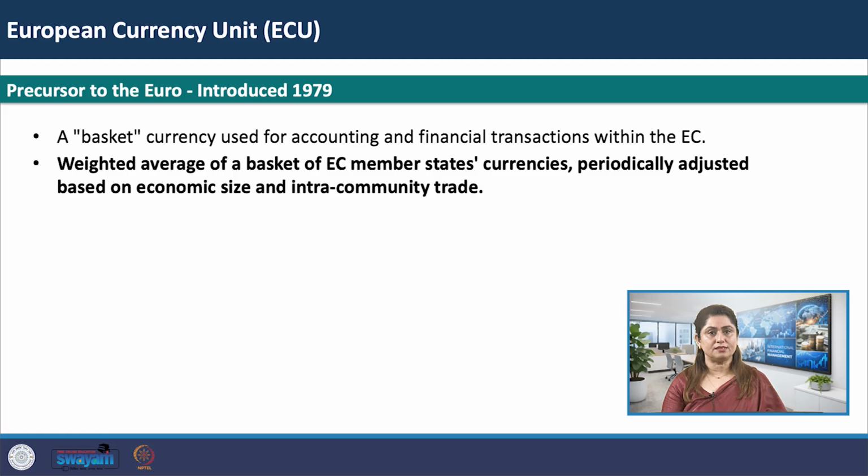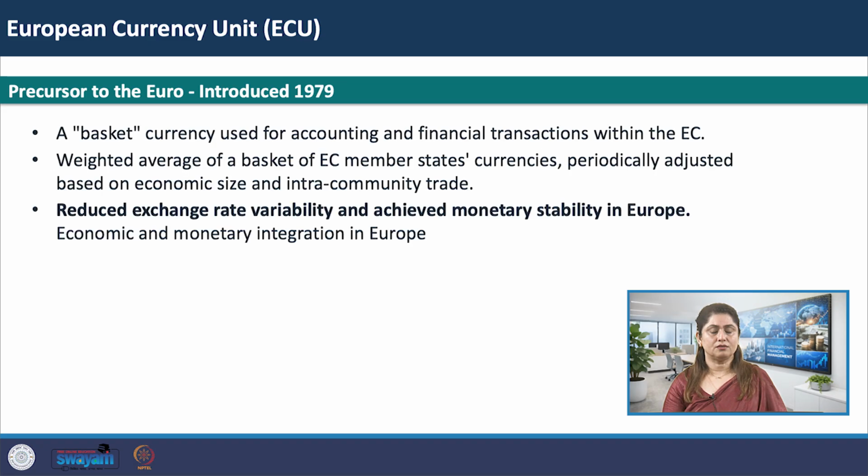Third, it was a test run, a way to see if countries could successfully coordinate their monetary policies. The ECU was the weighted average of a basket of EC member states' currencies, periodically adjusted based on economic size and intra-community trade. The ECU proved successful.